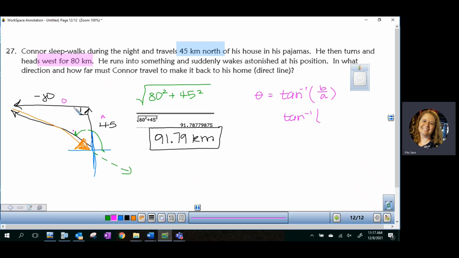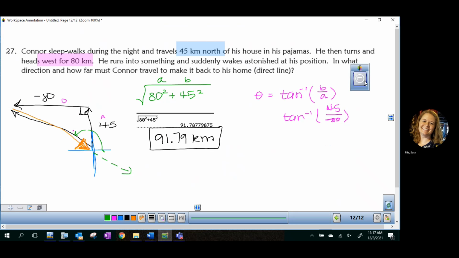So in this case, 45 is the B. So 45 over negative 80. A is the horizontal, B is the vertical.